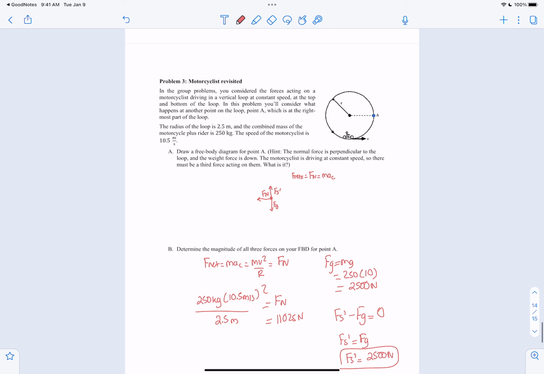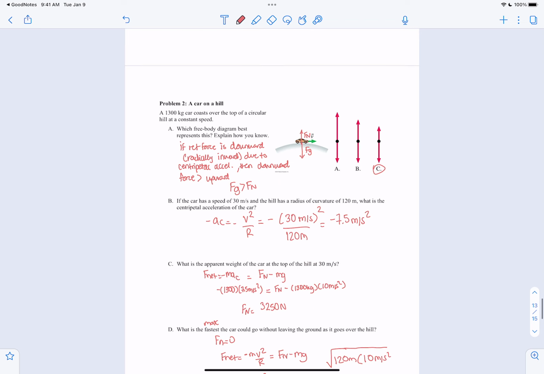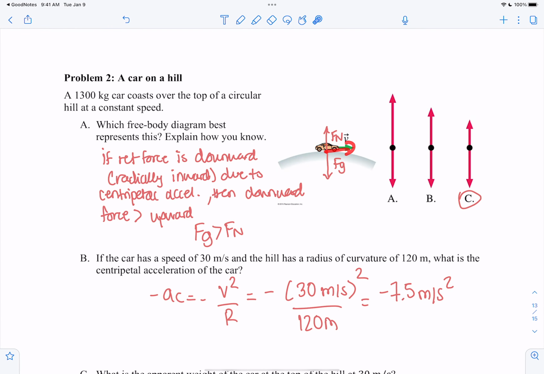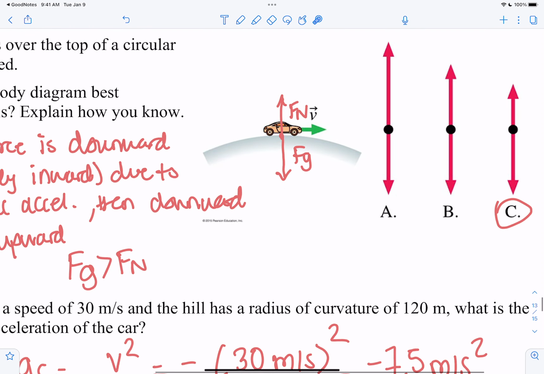So in this problem, we were concerned with canceling out the other forces that aren't relevant to the axis that is going to be providing a centripetal force and centripetal acceleration. So in problem 2, for example, let's say we had some other force this way, like static friction this way. Static friction is along the x-axis, and we don't care about the x-axis really.